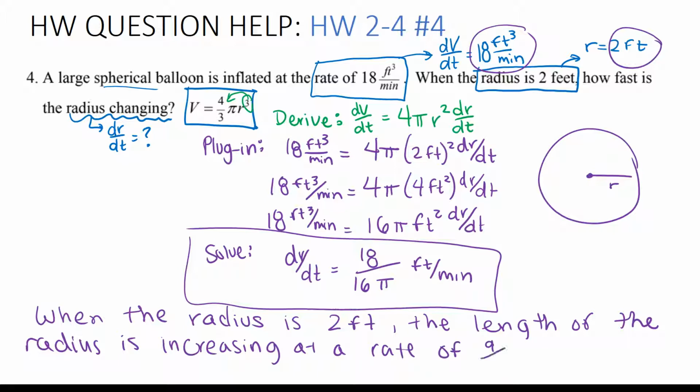We can say 9 over 8 pi feet per minute. Alrighty, there you go. We got our full, complete sentence, including our proper units.